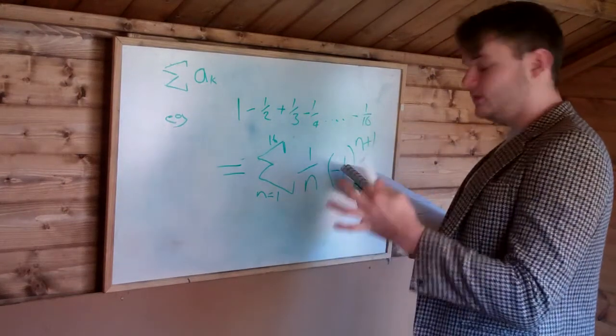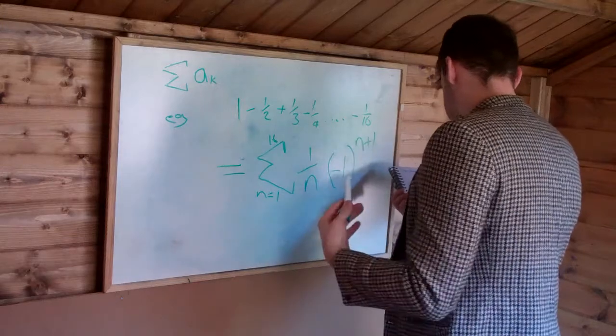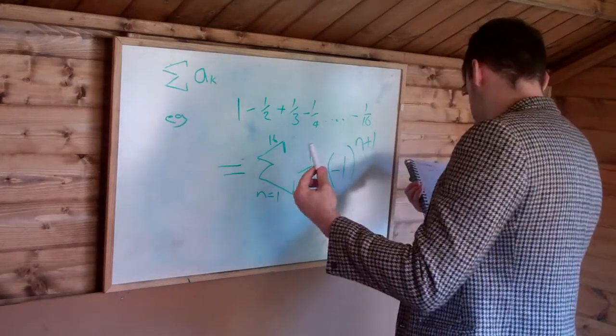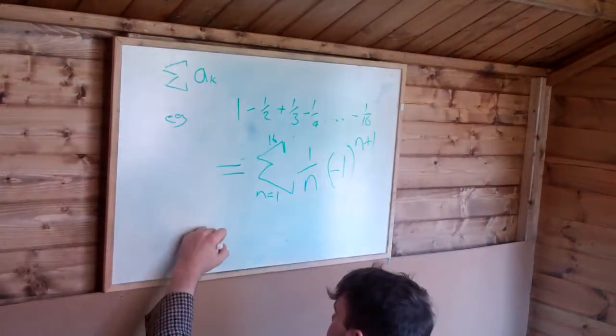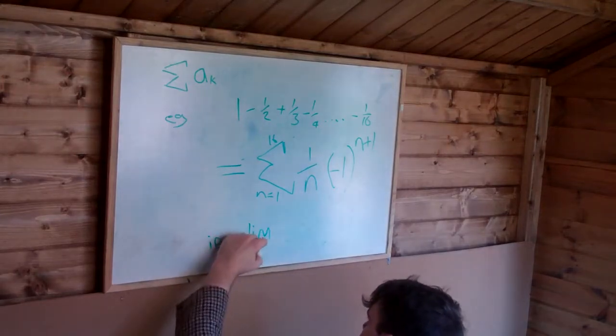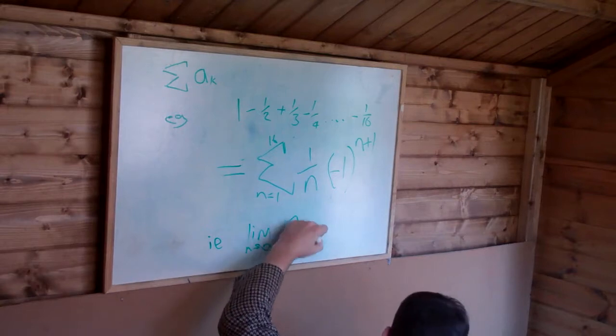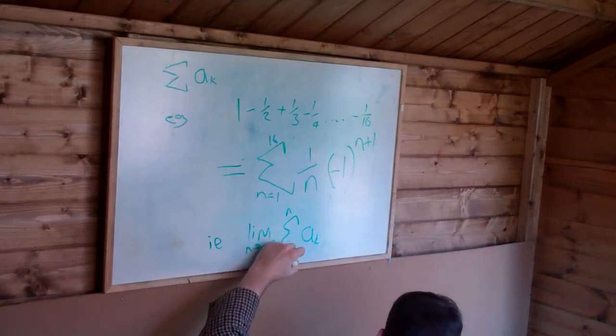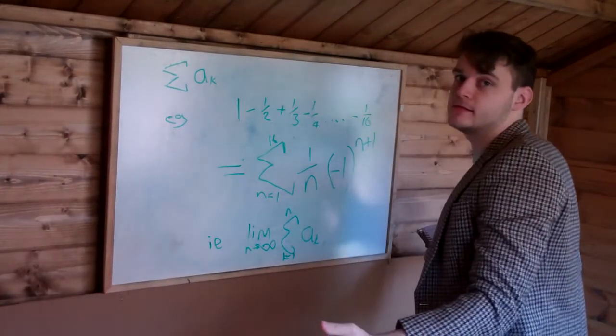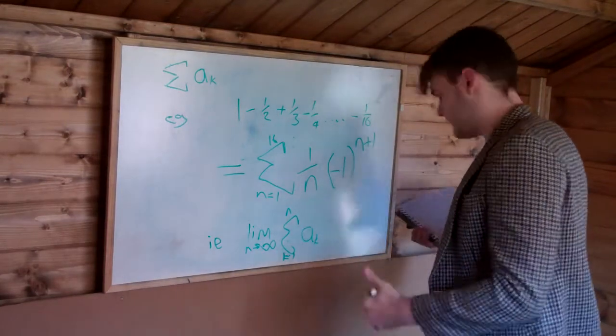Now, it is possible that you can have a case where the infinite series is not computable. What I mean by this is the limit as n tends to infinity doesn't exist.